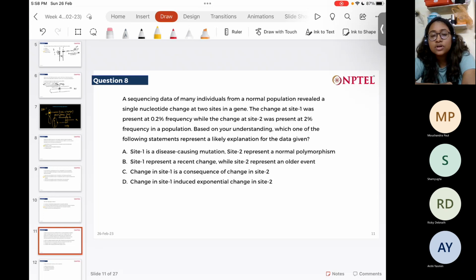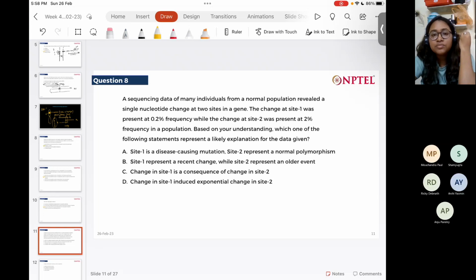So this change, right? We only know the frequency of occurrence of this particular change. We have not been given anything about how this change is affecting that person. Is it that the person has a normal phenotype, or a diseased phenotype? We don't know anything.